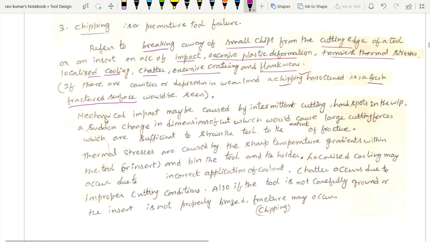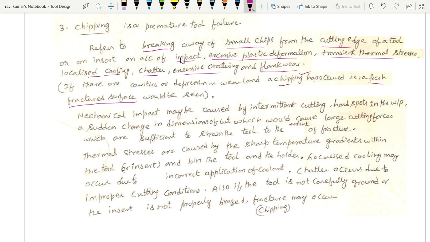So how do these things occur? Impact can occur because of intermittent cooling, right? Or because of sudden changes in cutting. Similarly, thermal impact may occur because of sharp or sudden changes in temperature.